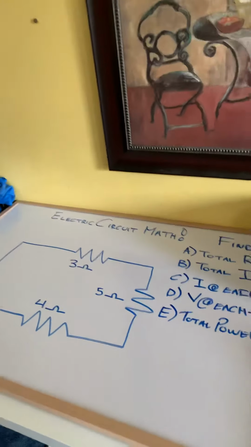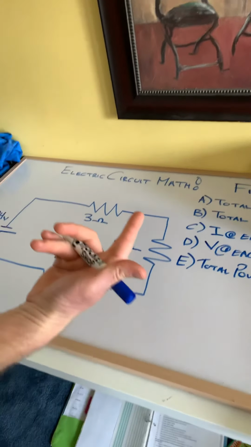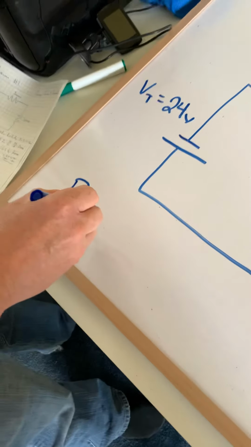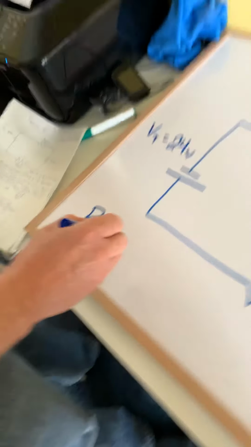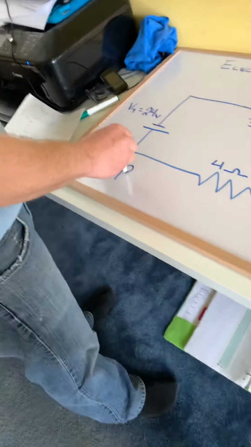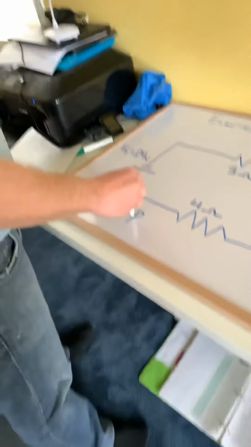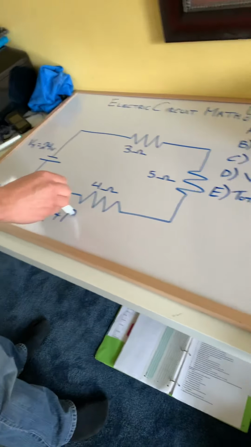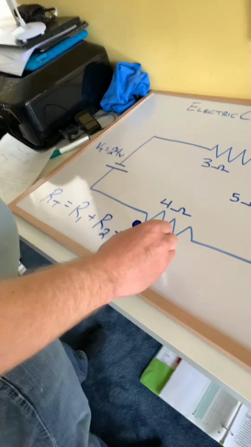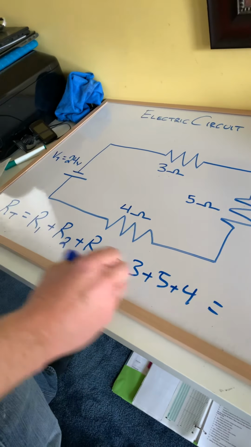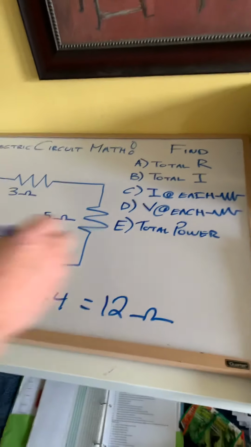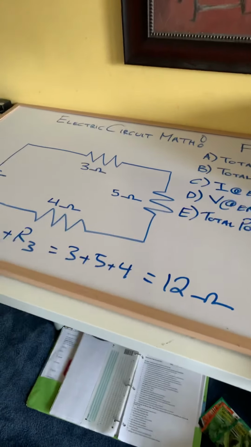Again, if you looked at the cheat sheet, you would know that to find the total resistance, you have to add up the three individual resistances. 3, 5, and 4. Got it? And that gives us 12 ohms. So that's the answer to A.